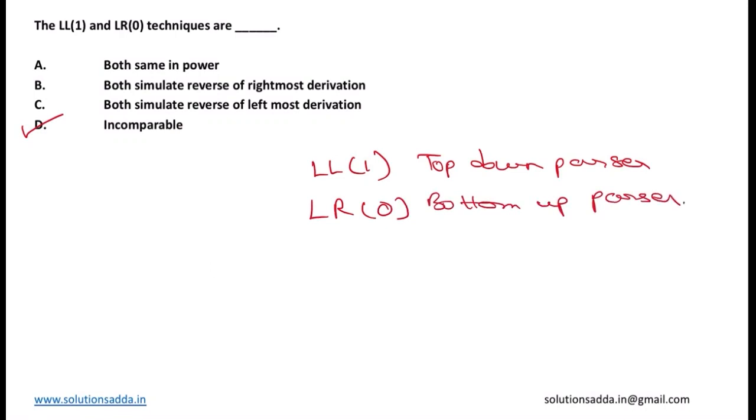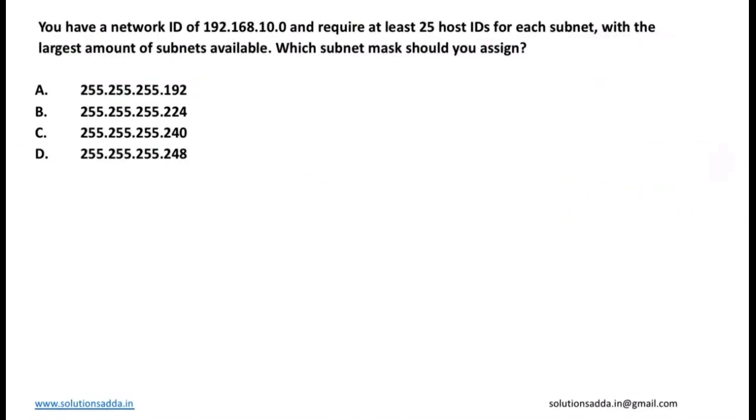Top-down parsers parse the string in leftmost derivation fashion, while the LR0 parser, that is bottom-up parser, parses the string in rightmost derivation fashion, RMD. Hence, both are incomparable.